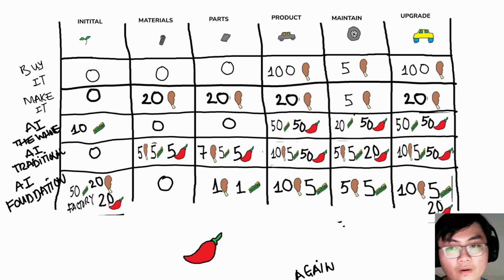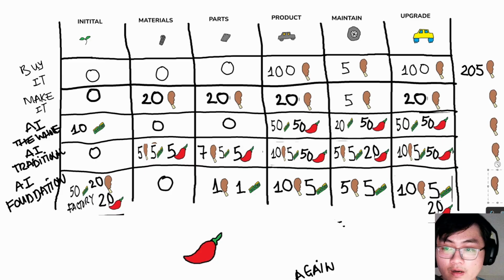Let's count all of them and see the result. In the first method, if we buy it, we will cost 205 chickenless. Let me copy all of them down, and stick of RAM, and hot chili pepper.